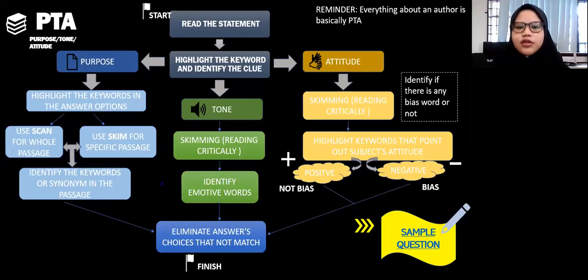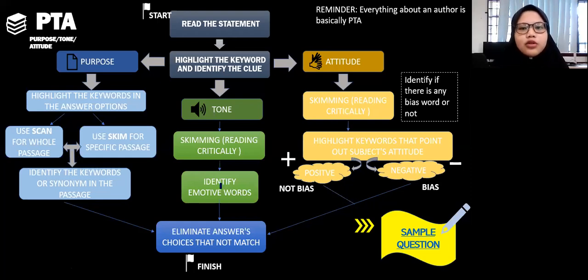Moving on to tone. Tone is something that is always related to the author. It is what the author views about the particular passage or article. So to find the tone, first you need to skim, which means you need to read critically. You need to identify and analyze at the same time, and then you need to identify the emotive words.